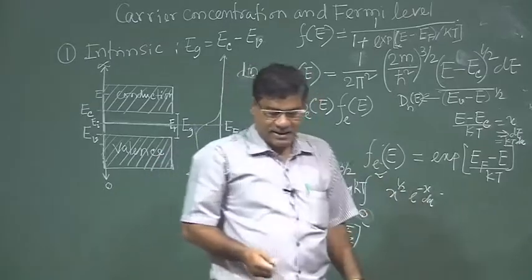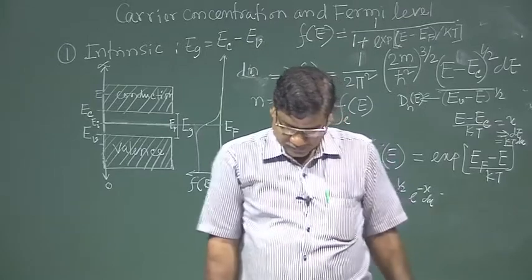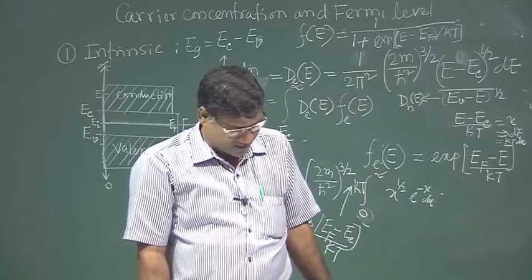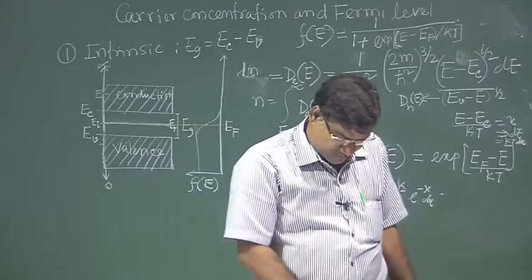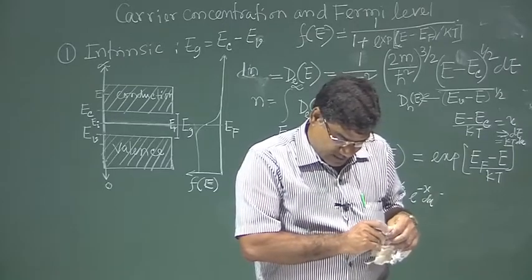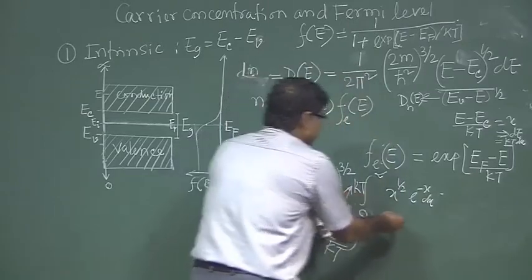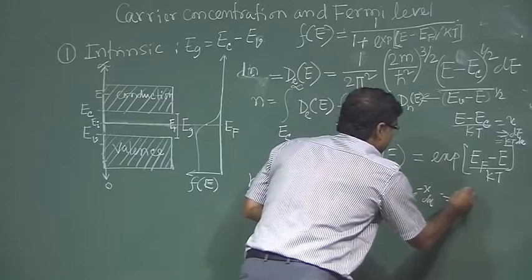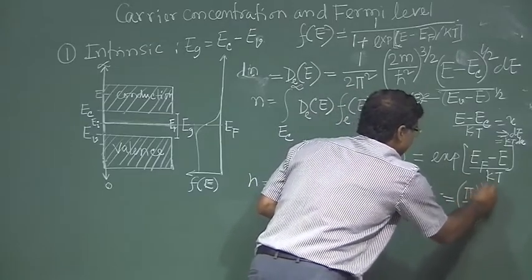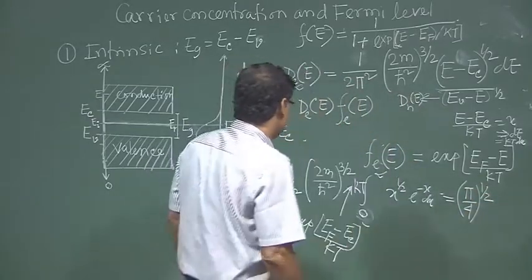This is the standard integral, and its value is square root of pi by 4. It will give you pi by 4 to the power half.